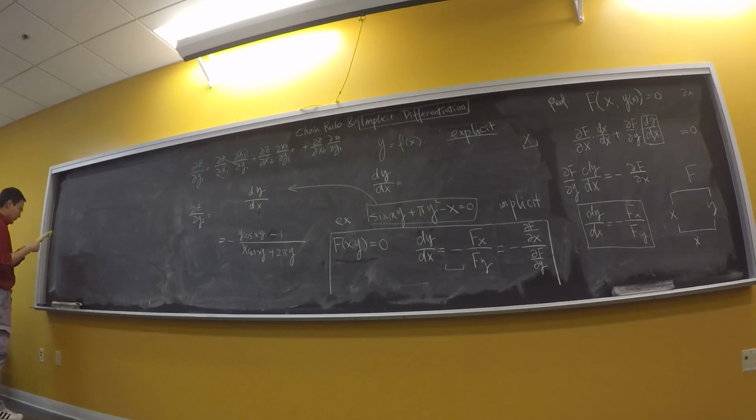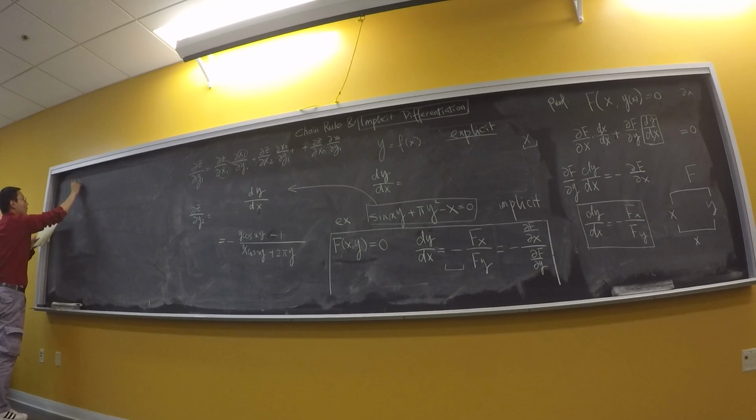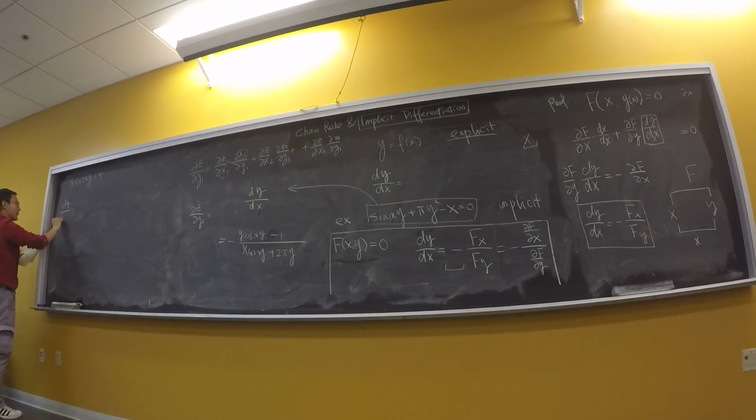So let's say I have 8 sine 2xy is equal to 5. I want to take the derivative dy dx. So strictly speaking, if you want to use implicit differentiation, you want to have a capital function F which is equal to 0.